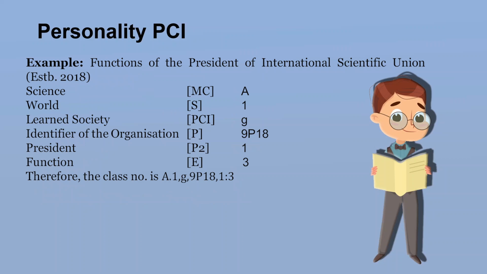Therefore the class number will be A dot 1, comma small g, comma 9 P18, then comma 1, and function is denoted by energy, so colon 3. That is the class number obtained for the functions of the President of International Scientific Union, which was established in 2018.